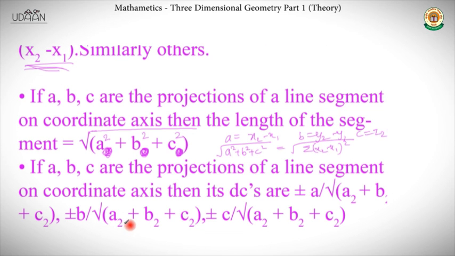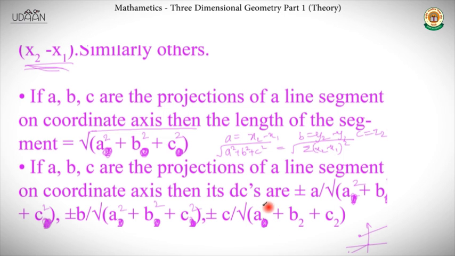Now another thing to be remembered here is, if A, B, C are projections of a line segment on the coordinate axes, then the direction cosines are given by A by root of A square plus B square plus C square, comma B by root of A square plus B square plus C square, comma C by root of A square plus B square plus C square.